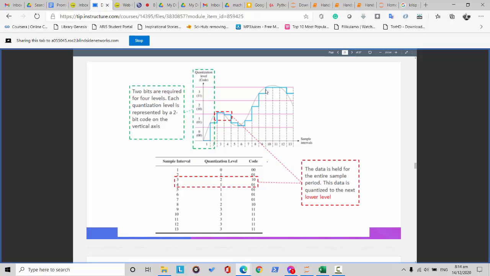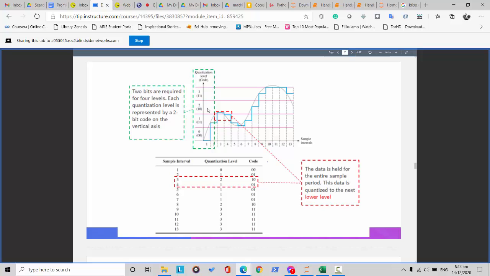It's now converted into a digital signal, and you can see the data is held for the entire sample period here, and this is quantized to the next lower level. So from the higher level it is quantized to the next lower level.